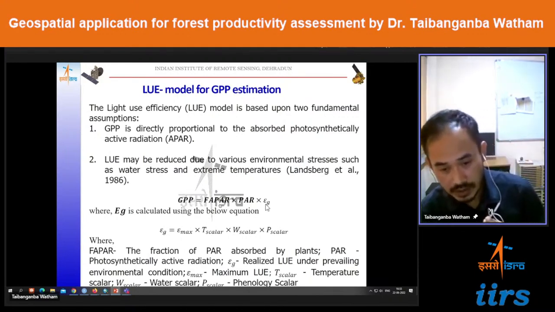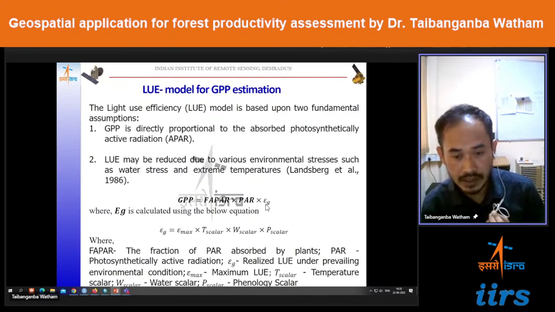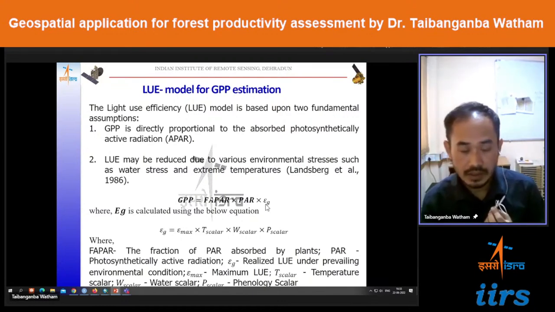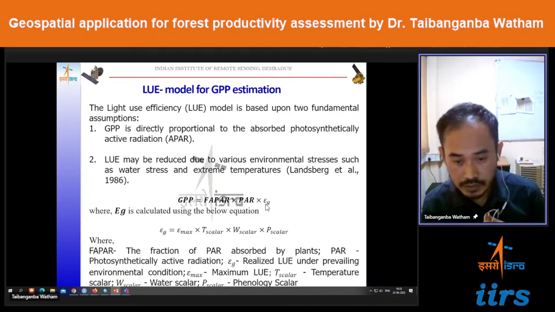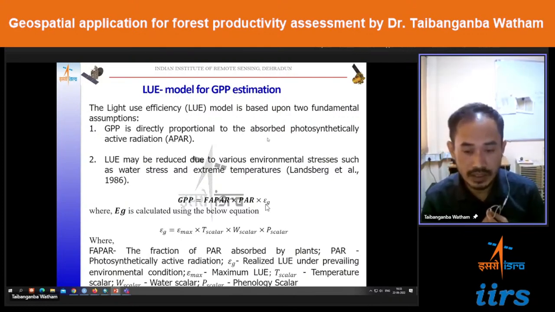And the FPAR is a function of the leaf area index, or how dense the canopy or the forest is. Once we multiply these two, it will give us the APAR, that is the absorbed photosynthetically active radiation.